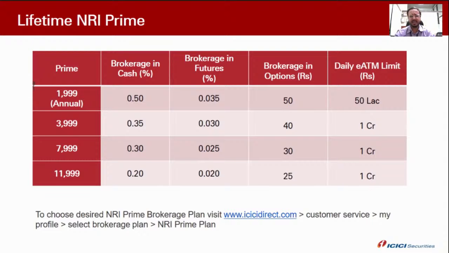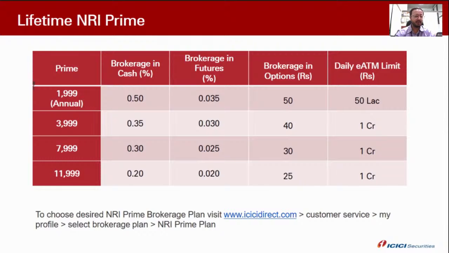However, we have launched certain prime plans, which are subscription plans with which you can reduce your brokerage in cash as well as futures and options, and increase your daily EATM limit, right? I will speak about EATM also.